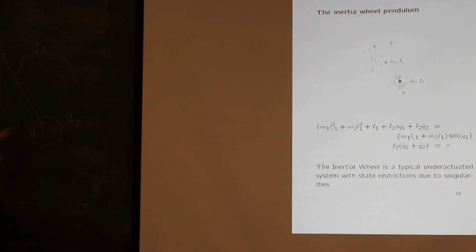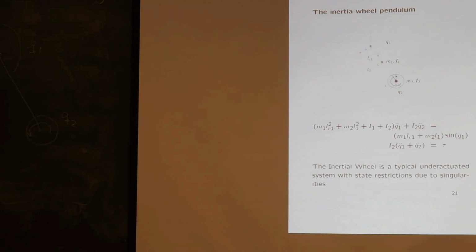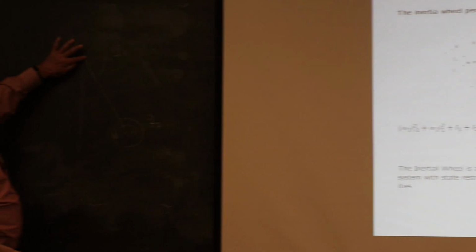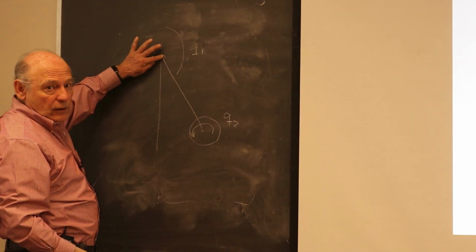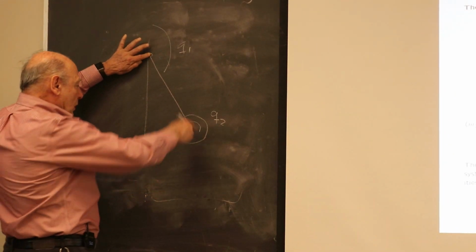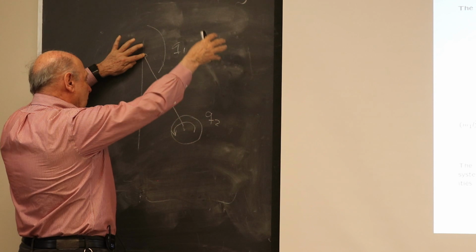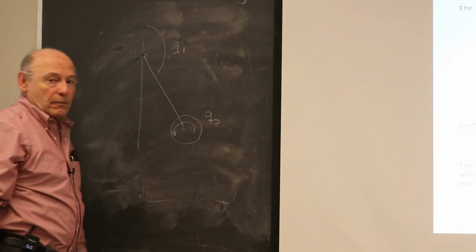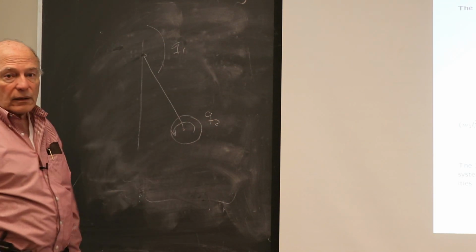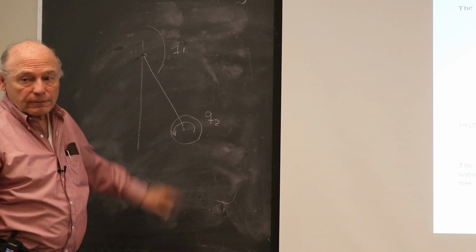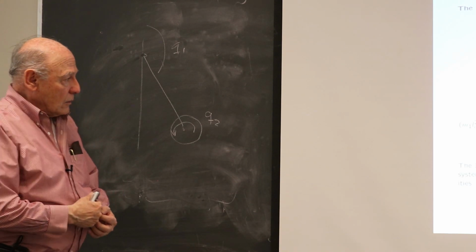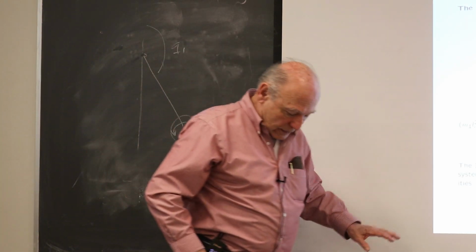This wheel has some inertia and a mass, and this is unactuated here. This is free to rotate here without any friction. So when you start moving this, by conservation of the momentum, this thing will start rising up. It's like creating a torque here, artificially from here.